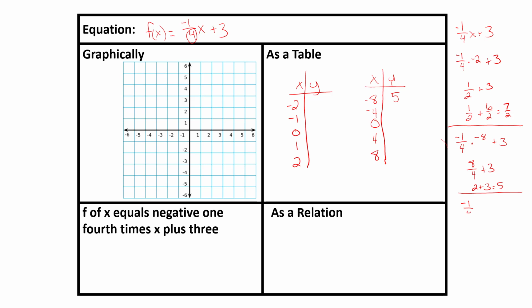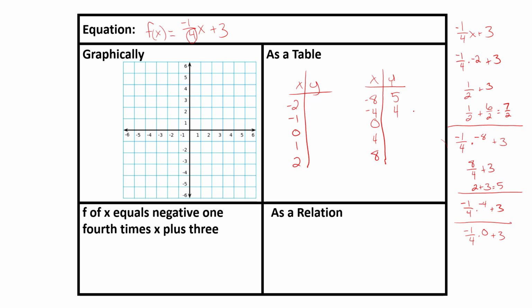At this point, you should be able to do some of these in your head. So -1/4 times -4 plus 3. Well, -1/4 times -4, it's going to make it +1. Plus 3 is 4. -1/4 times 0 plus 3. Anything times 0 is 0.